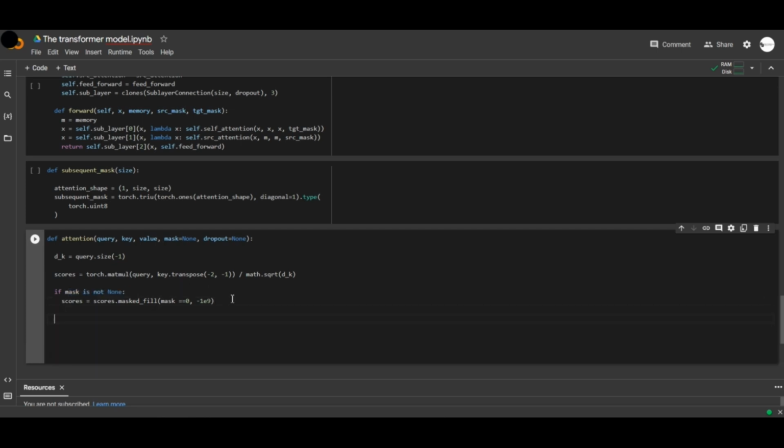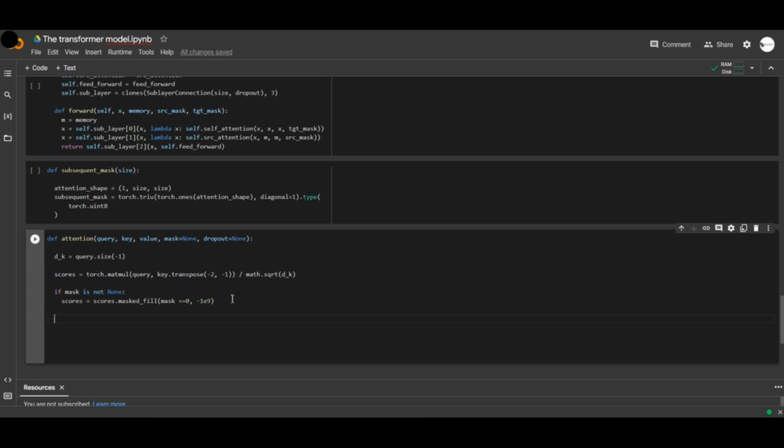Anyway, then what we need to do now is to apply the softmax. Why did we apply the softmax? It's because we produce the probability distribution that indicates how much attention should be placed on each position of the input sequence.